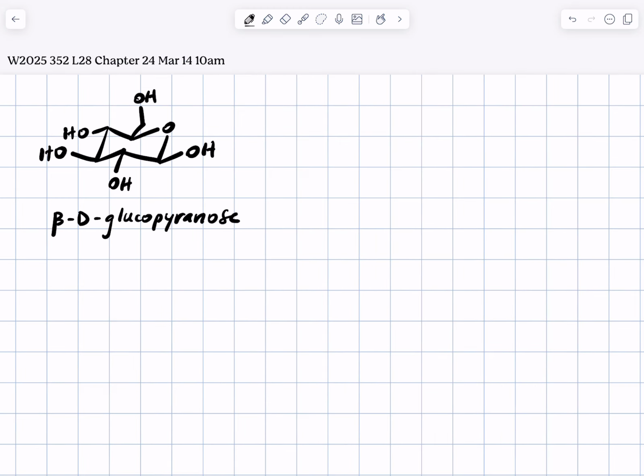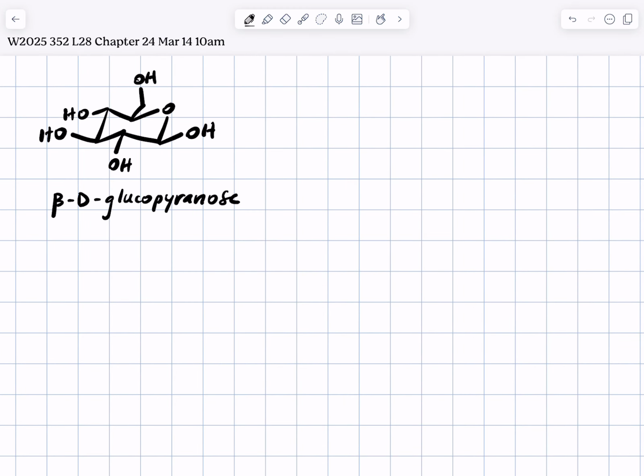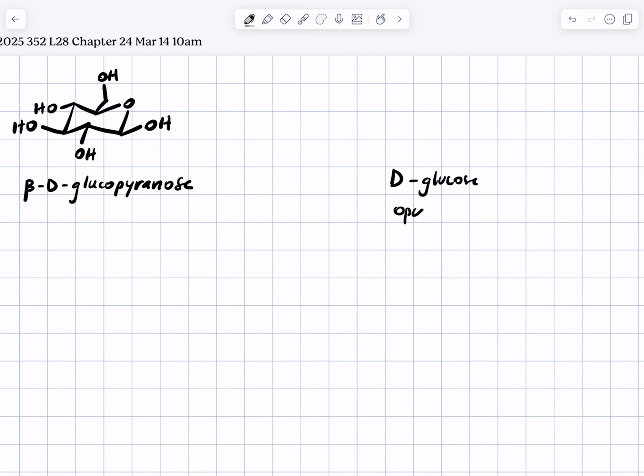Technically, D-glucose refers to the open chain form. And that open chain form is here. You can draw it still in this sort of chair shape.